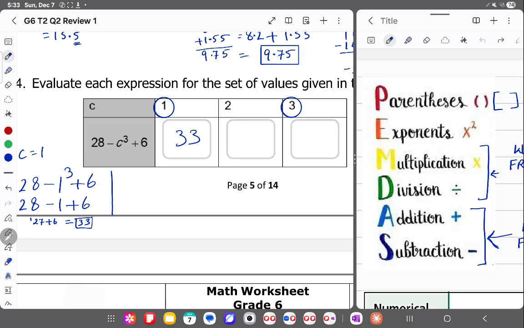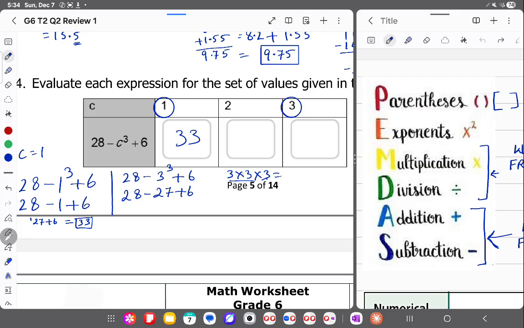So when C is 3, you will have 28 minus 3 to the power of 3 plus 6, correct? So 3 to the power of 3 is 3 times 3 times 3. 3 times 3 is 9. 9 times 3 is 27. So you have here 28 minus 27 plus 6, right?